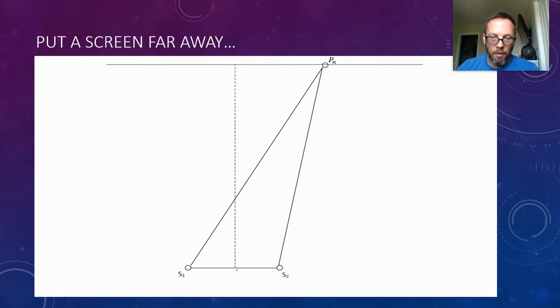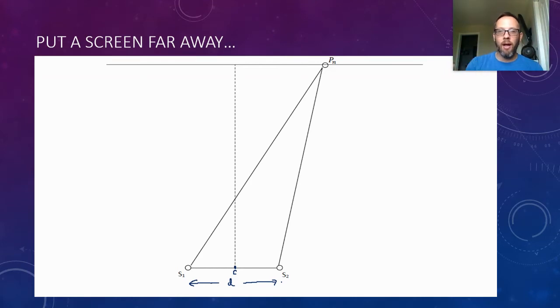I'm going to call this the center line C, and our slit separation we're still calling D, the distance between the two sources or our two slits. And remember, for light, D is super small, and PN is very far away. We're imagining taking PN to a screen very far away.